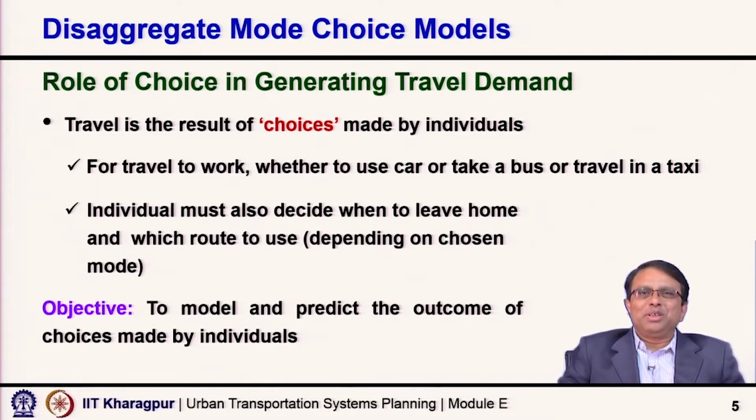So, that is bringing so many people in the bus system, so many in the car and so many people in the taxi, resulting in some level of congestion, some level of vehicular emissions and so on.